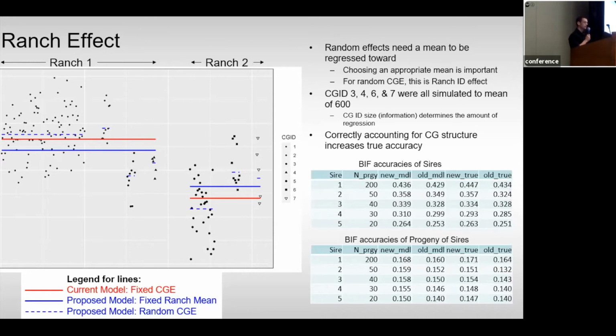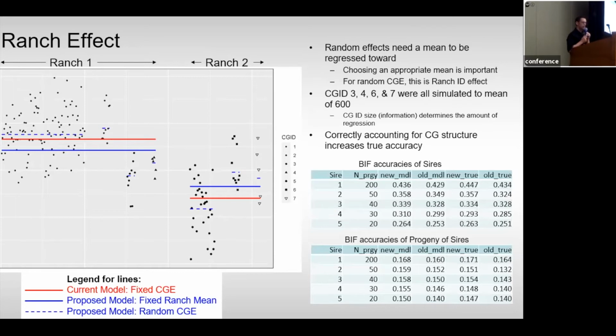They're all simulated to exactly the same mean, but you'll see by the dashed bar here, which represents fitting contemporary groups as a random effect, right? They regress towards that fixed range mean differentially, and they regress differentially proportional to how many animals are in the contemporary group, right? So the larger degree of regression is when those groups are actually smaller.